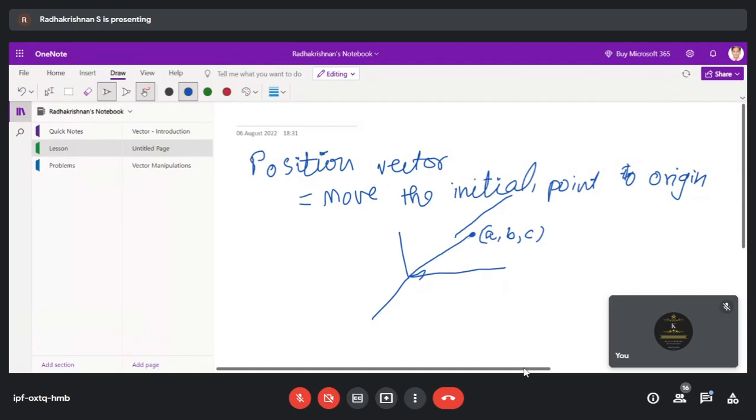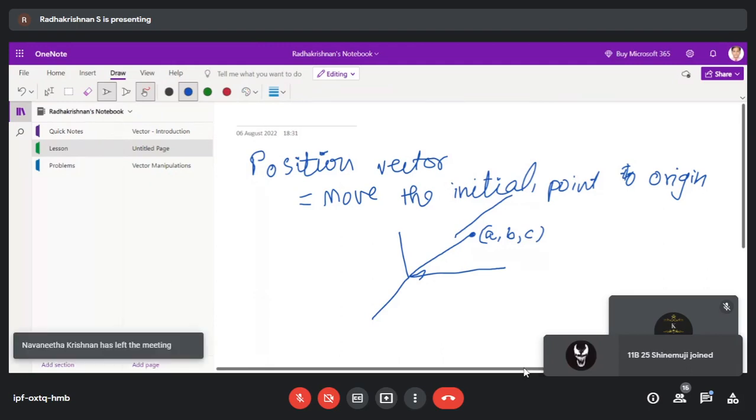Because like I said, vector has got only direction and magnitude. It doesn't always have a position. So it can be placed anywhere. And now we conveniently place it so that the initial point is at the origin. And that way we can represent vectors very easily, conveniently, right? So that is the concept of position vector.